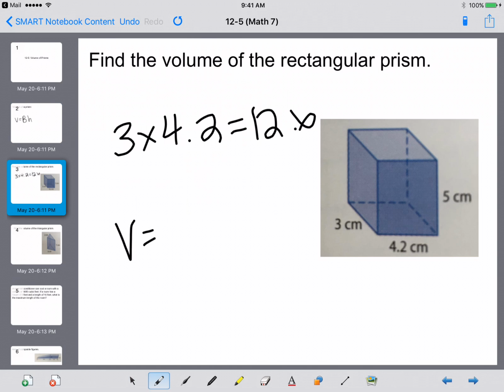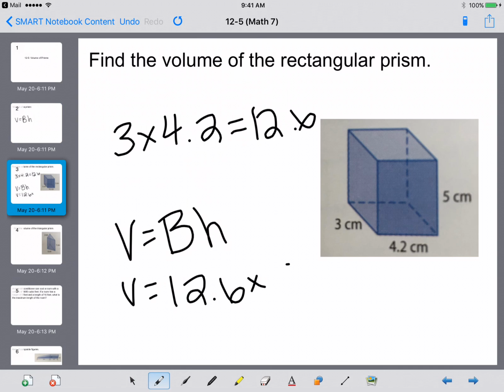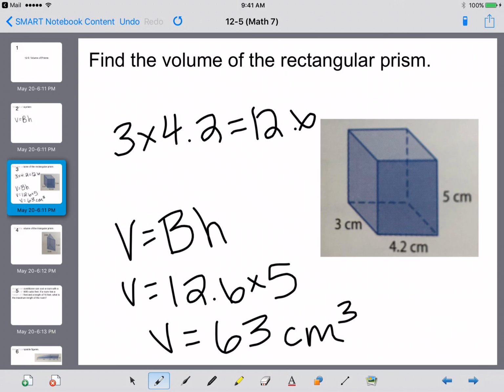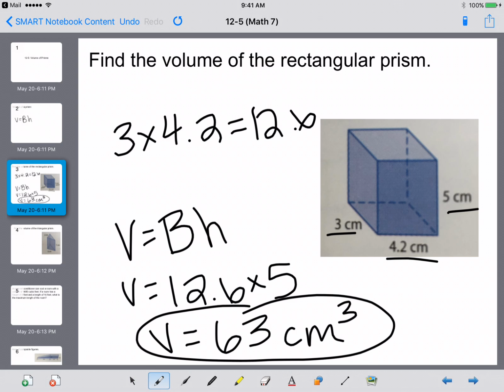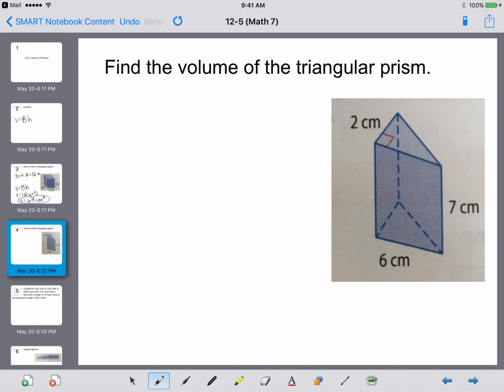So if our equation is volume equals the area of the base times the height, we so far have volume equals 12.6 and then times our height of 5 to get us a volume of 63 centimeters, and then it's cubed because there's 3 dimensions that we're multiplying. So 63 centimeters cubed there. The area of your base times the height. You're stretching it up that many times.